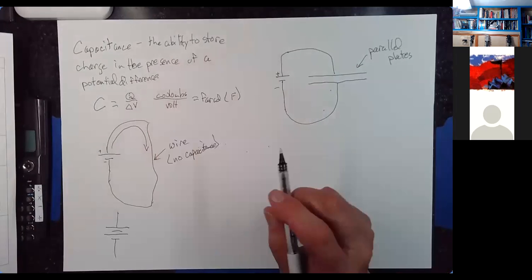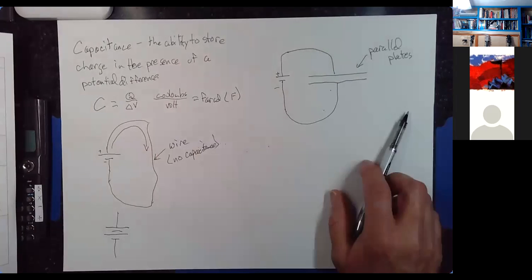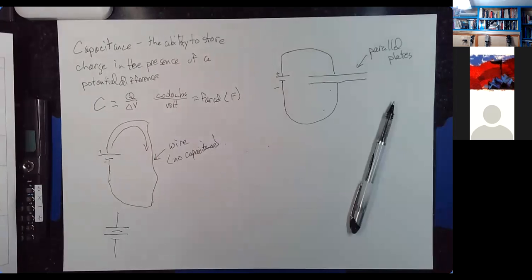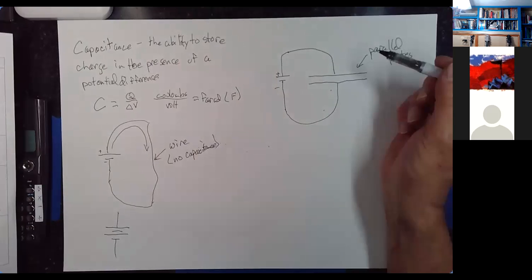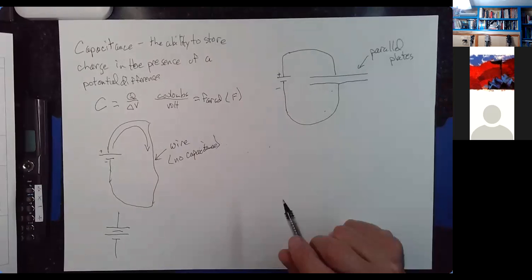And by short, I mean, if there's no resistance in this circuit, it's going to happen within like 10 to the minus 12 seconds or something like that. So a very short time. And that's what you'll have happening. And these things will have some actual capacitance to them.